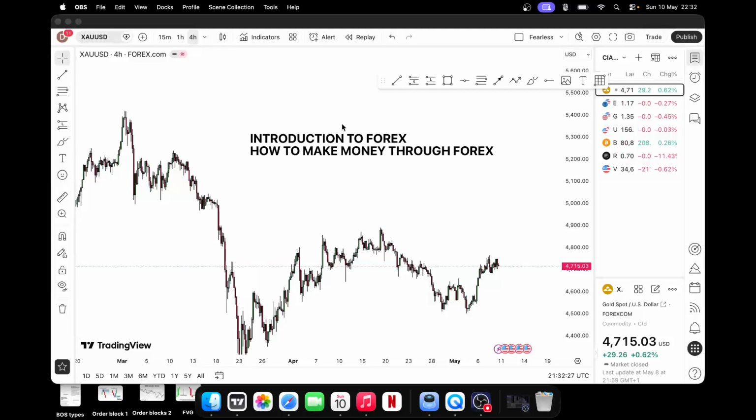So every country has their own currency and every country interacts with each other. So in the process of, let's say, Nigeria interacting with another country or the US interacting with another country, it will involve them exchanging money, because in Nigeria we are spending naira, in the US they are spending dollars.